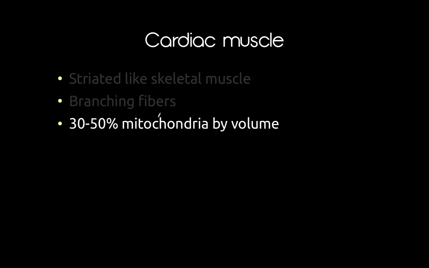Now, cardiac muscle is completely oxidative. It's not glycolytic, really at all. It's one extreme end of the oxidative type of muscle. And as such, it has this really, really high concentration of mitochondria in the cardiac muscle, somewhere between 30 and 50%, depending on the species or the individual in that species.